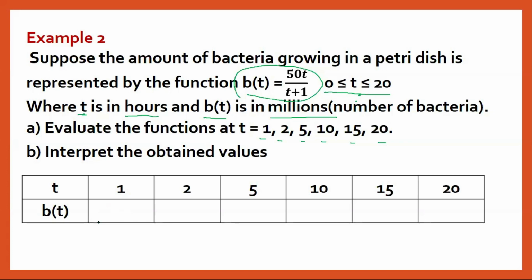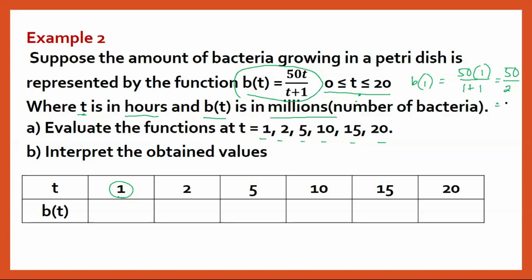To get the values of b of t, just do the substitution. Let's try 1. So b of 1 is equal to 50 times 1 over 1 plus 1. So we have 50 over 1 plus 1 is 2.